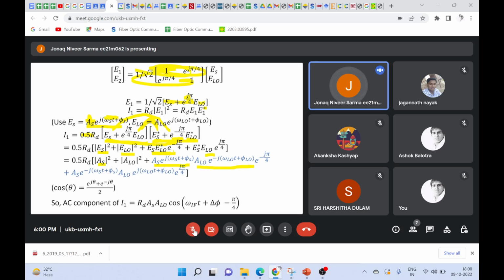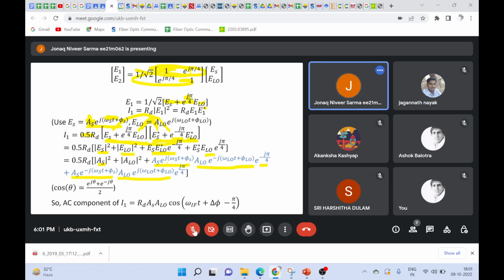And this e to the power minus j pi by 4 just remains. Similarly, this other term will have ES conjugate like this. ELO remains as it is, and minus j pi by 4 becomes j pi by 4. Here you can see that if you collect all of the phase terms, j to the power omega s t plus phi s minus omega LO t minus phi LO minus pi by 4, all of the phase terms in the other term will be just the negative of those.